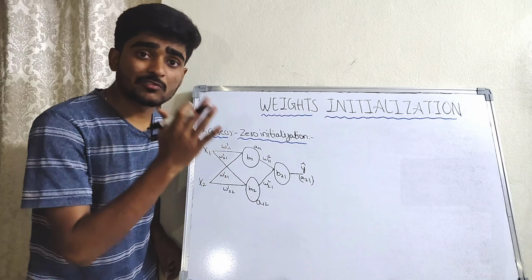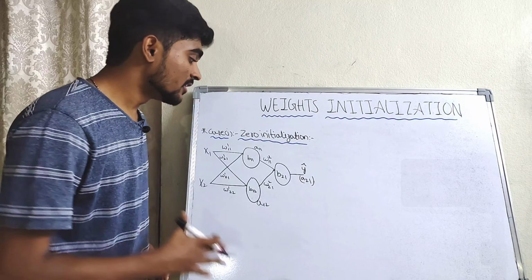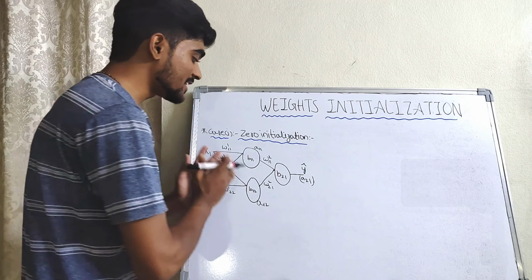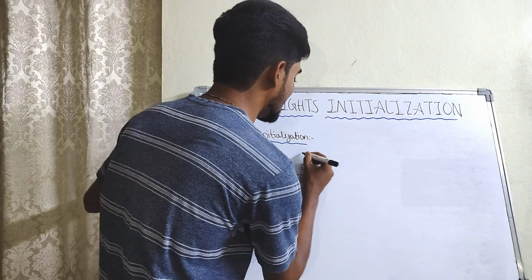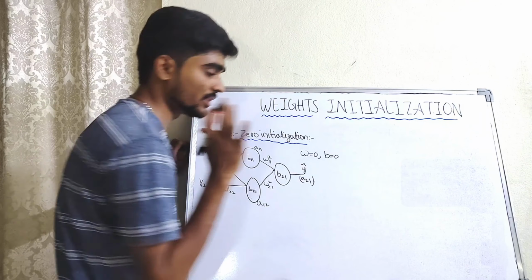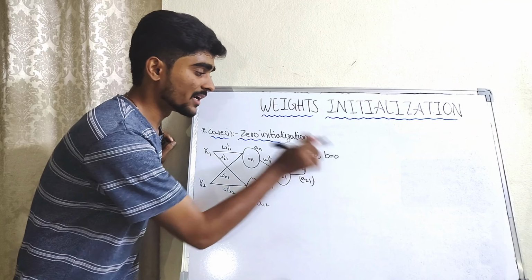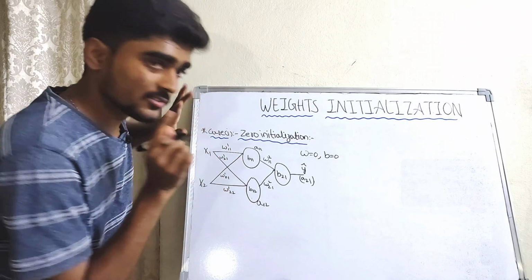Let us discuss our first case, where we initialize the weights and bias parameters to 0. When you observe this neural network, we have several weights and bias parameters. The entire set of weights and bias parameters in this artificial neural network are initialized to 0, that is, weights equal to 0 and bias equal to 0. Let's start our discussion by taking weights and bias values as zeros. I'll be talking with respect to both these nodes.